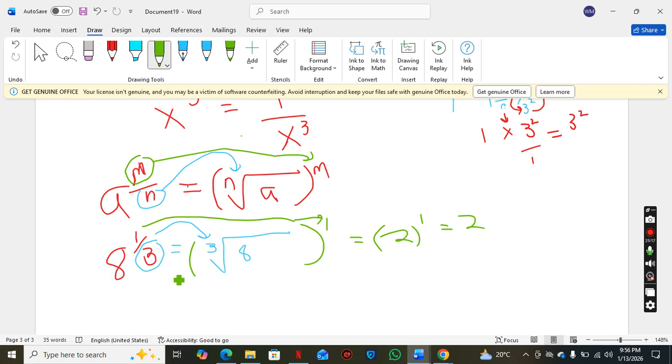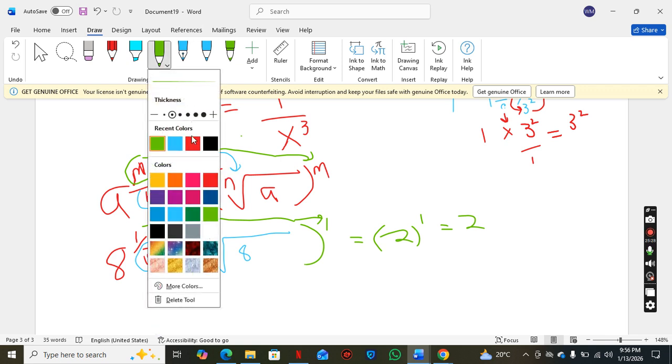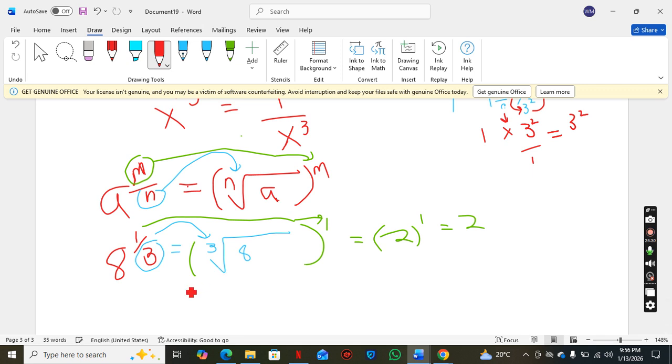Okay, here's another example. Let's say you have 8 to the power 2 over 3. As I said, the denominator is what becomes the root. So again, you're getting the cube root of 8.